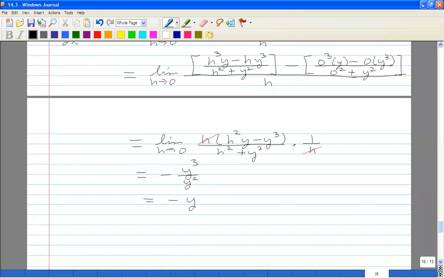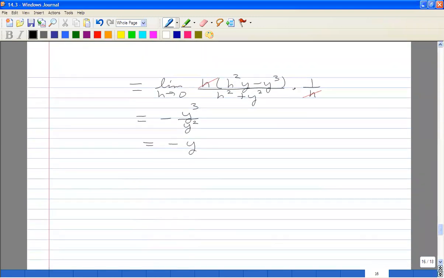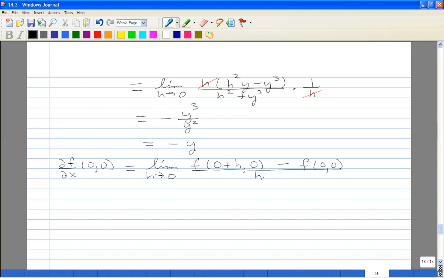Okay, so let's take the partial of f with respect to x, and let's do this at the origin. So this is the limit as h approaches 0 of f(0 plus h, 0) minus f(0, 0) divided by h.